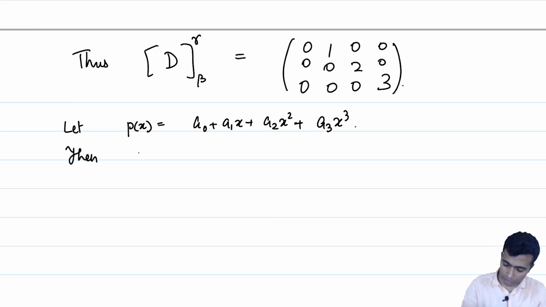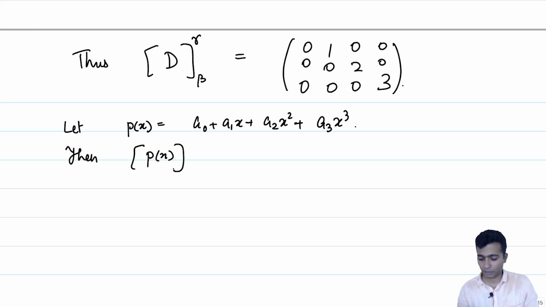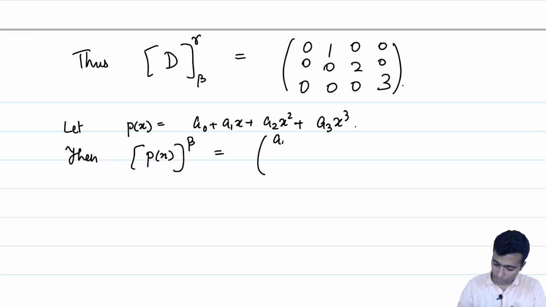Then what is P of x with respect to beta? This is an element in P3 of R which has beta as its coordinate basis, which is 1, x, x square, x cube, and this is going to be A0, A1, A2 and A3.